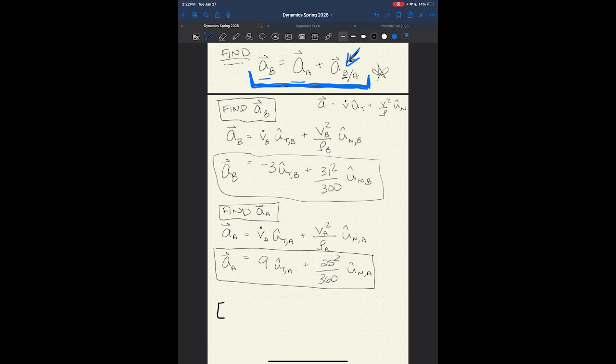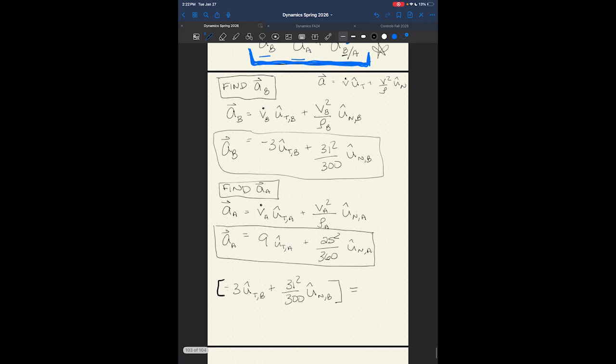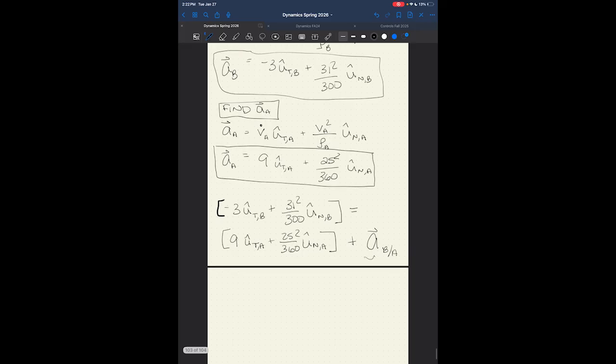I have acceleration of B on the left-hand side: minus 3 u hat t B plus 31 squared over 300 u hat n B. That's acceleration of B. This is equal to, on the right-hand side, acceleration of A plus acceleration of B relative to A. Okay, that's all well and good.